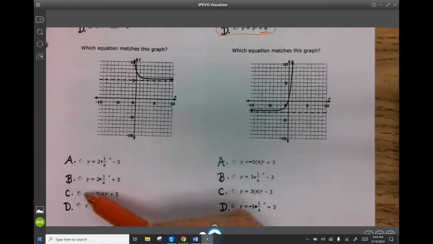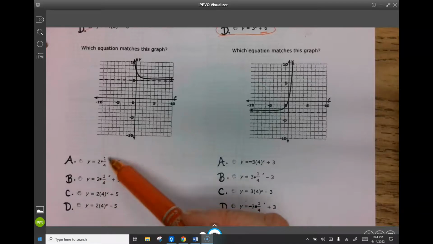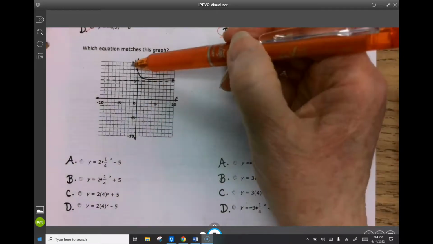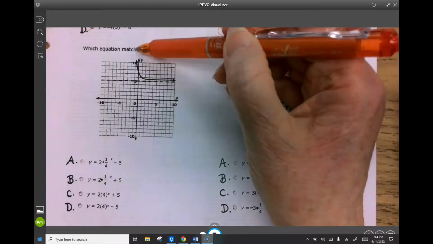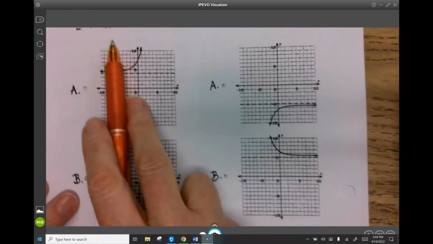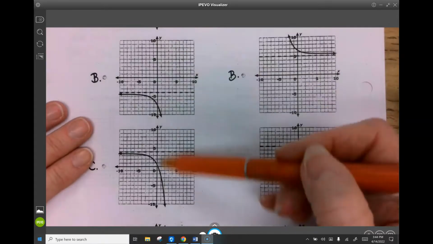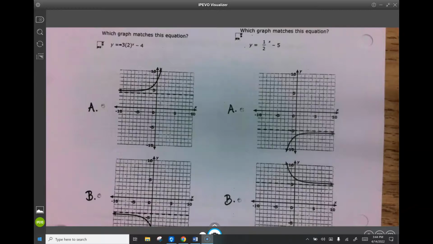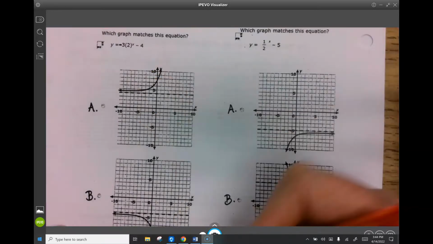Now they did a better job on these. They gave you the same function, but one's a 1/4 and one's a 4. Okay? So think about 1/4 is going to go up faster than a 4, but I think you can handle it. Try it. These back here, you're going to be given the equation. You're going to match the graph. So you're going to look at the equation, match the graph.